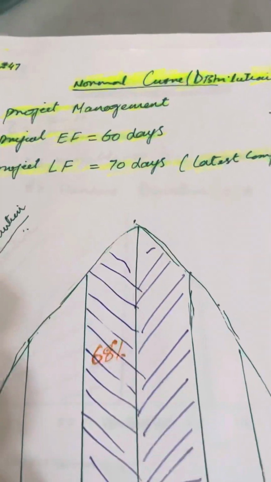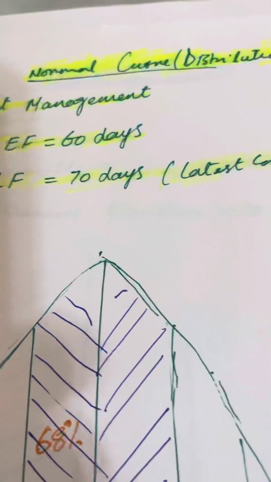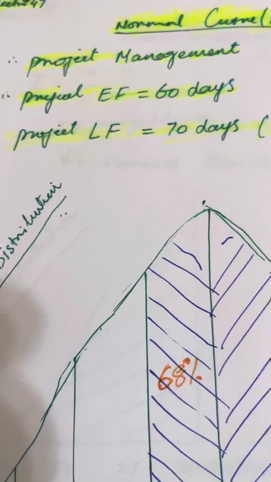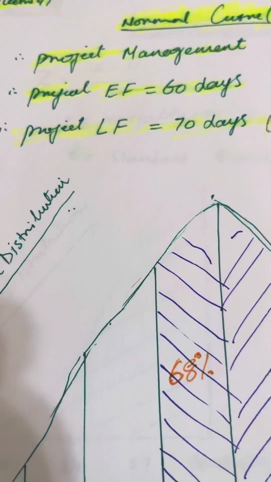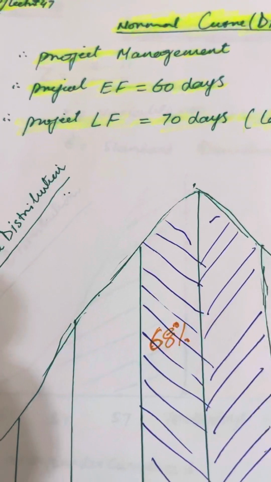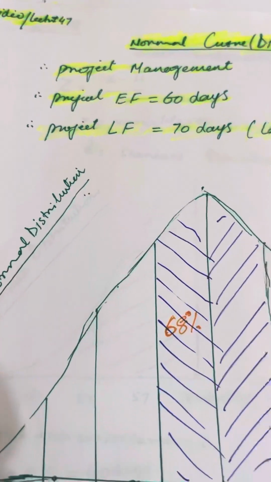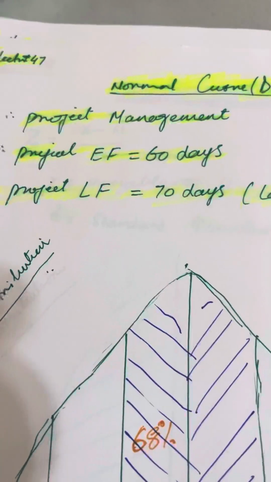So today's lecture is about the normal curve distribution. In the last video we discussed variance, standard deviation and z-value, which are used in statistics and maths.